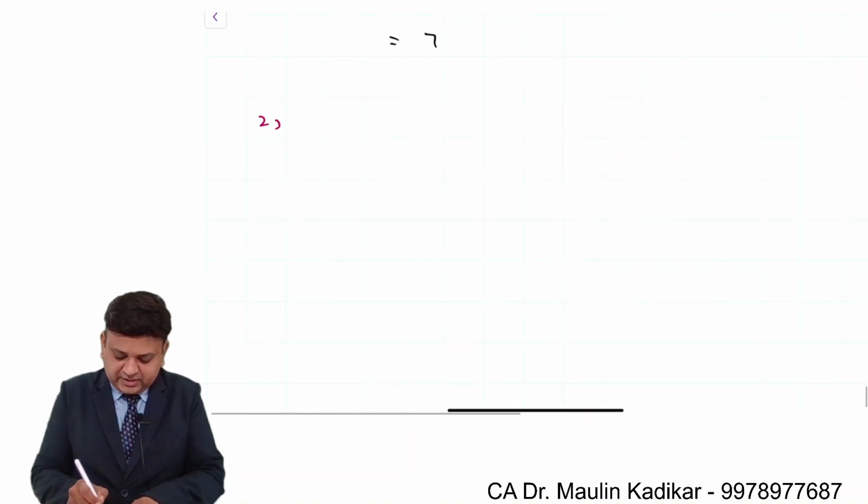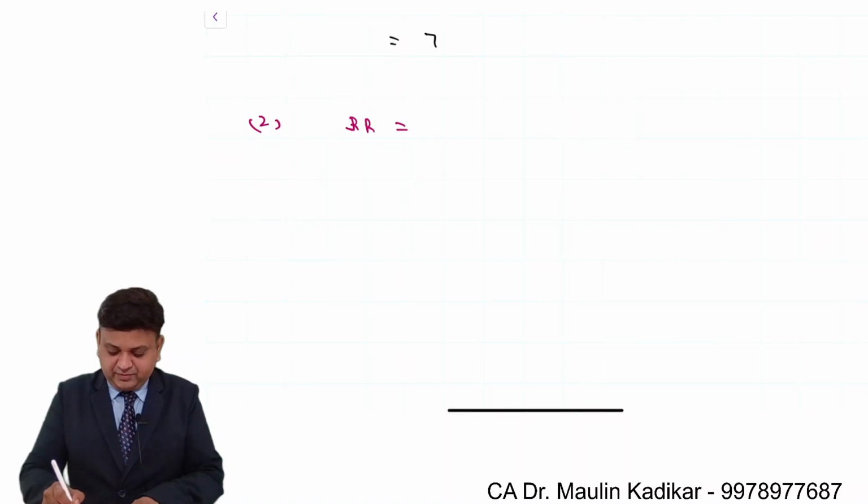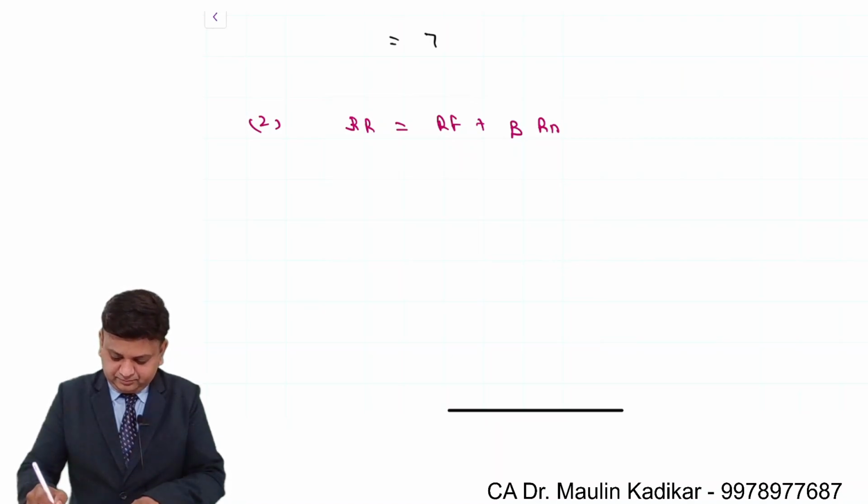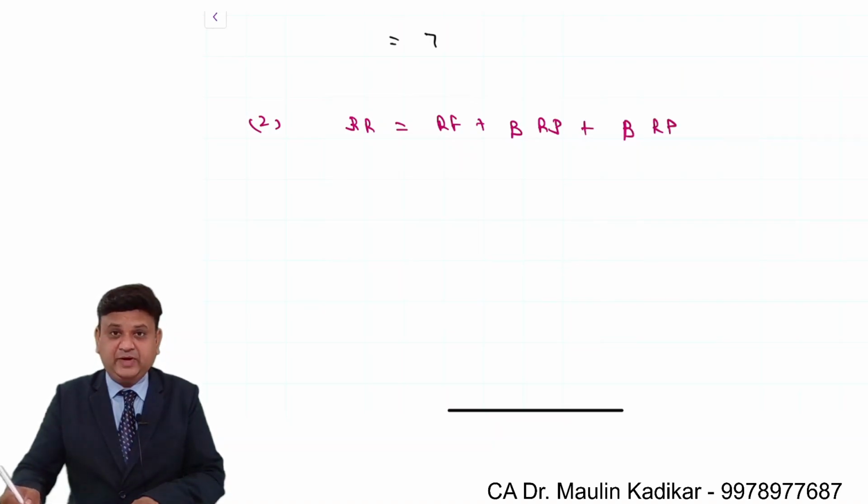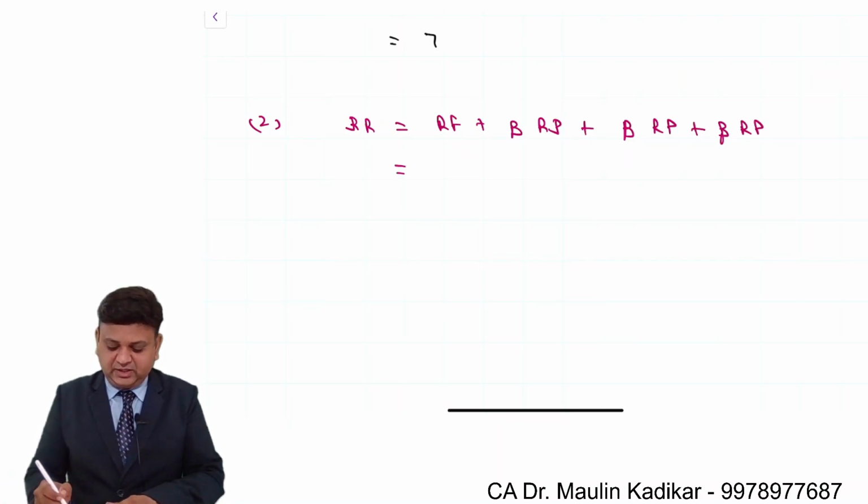I request all of you to write down the answer along with me. Required rate of return is equal to RF plus beta into risk premium for factor 1 plus beta into risk premium for factor 2 plus beta into risk premium for factor 3.